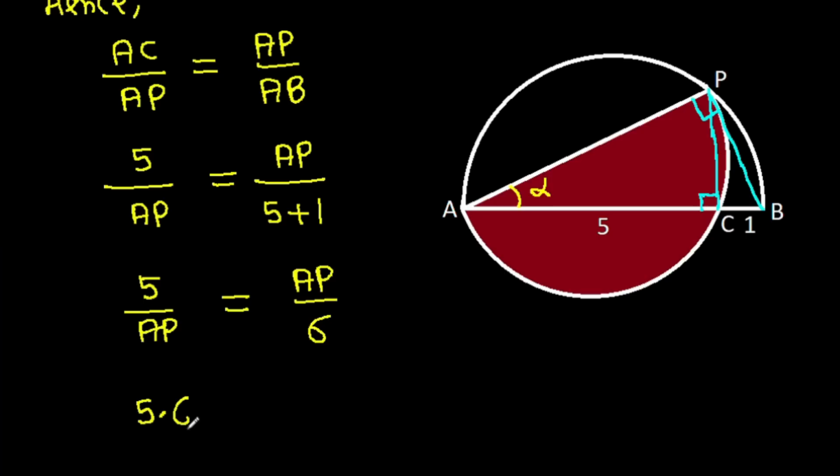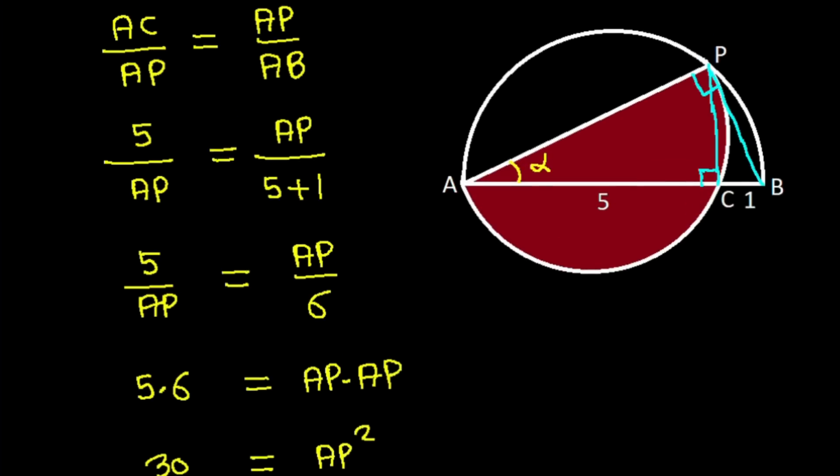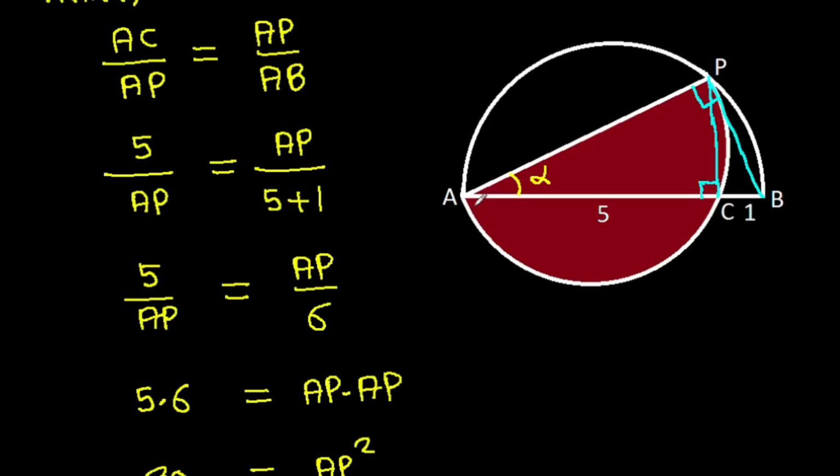And 5 times 6 will be AP times AP, so 30 is AP square. So AP will be root 30.